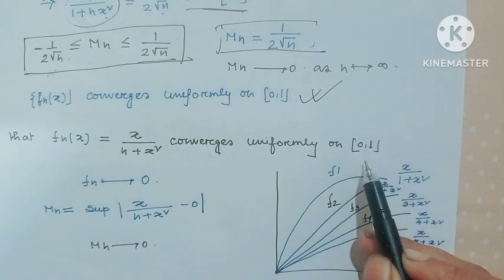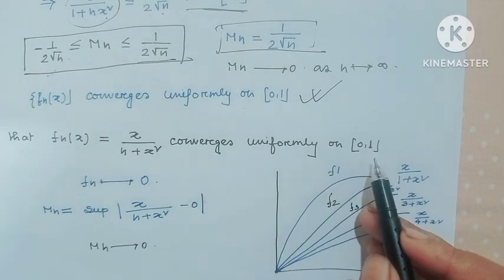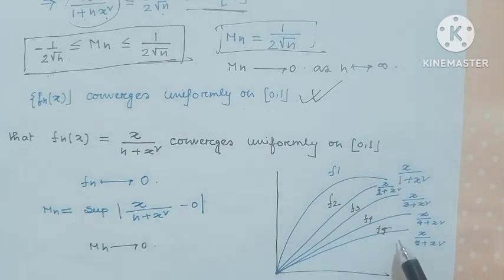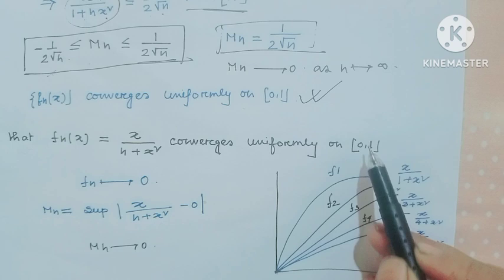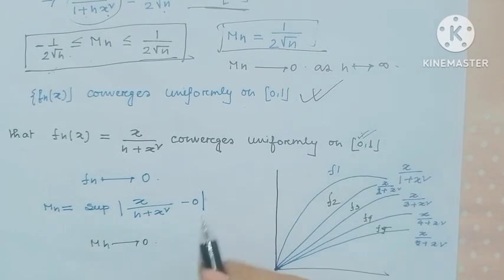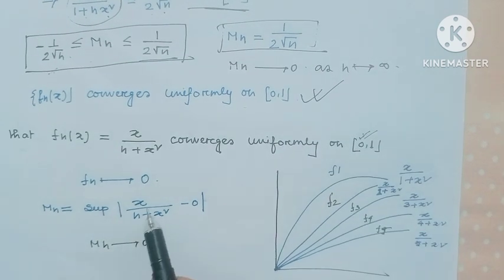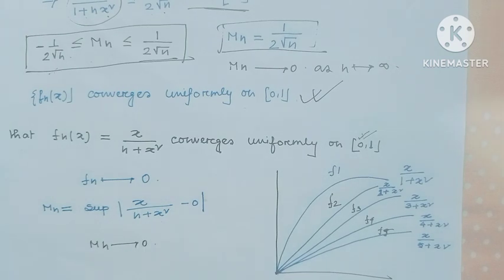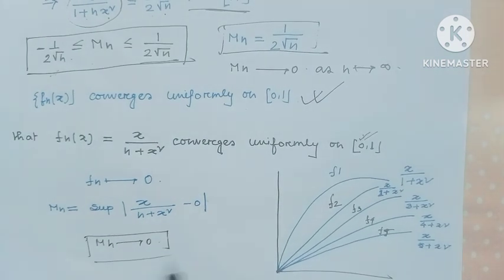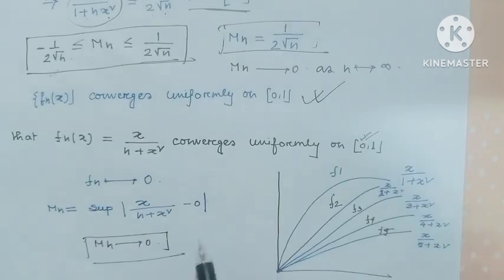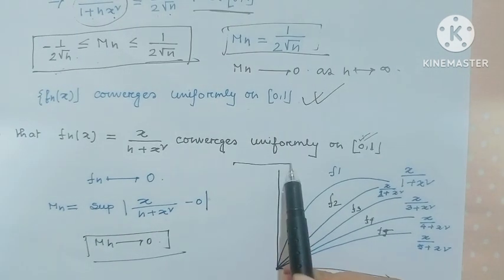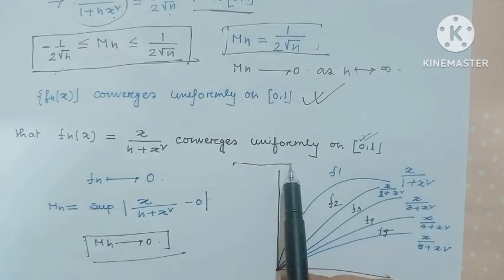That means since this is a monotone decreasing sequence of functions, the maximum value exists at the point 0. If you put this value 0, that implies Mn goes to 0. Since Mn goes to 0, we can easily tell this function converges uniformly on the closed interval [0, 1].